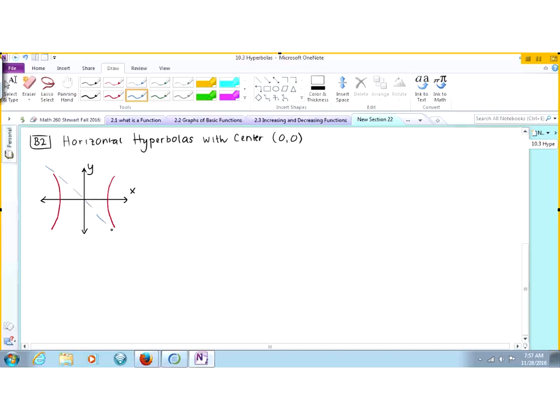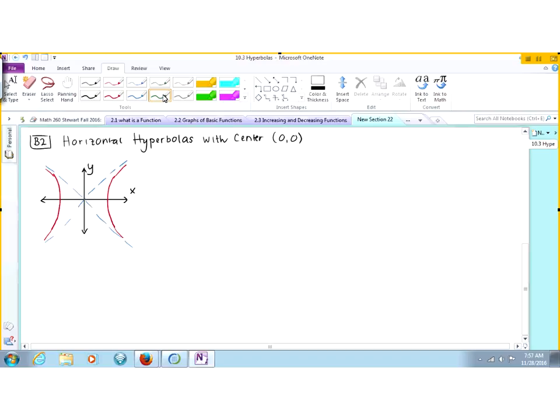And of course, you also have the asymptotes, and the hyperbola doesn't cross the asymptote, it's just going to get closer and closer but not touch.